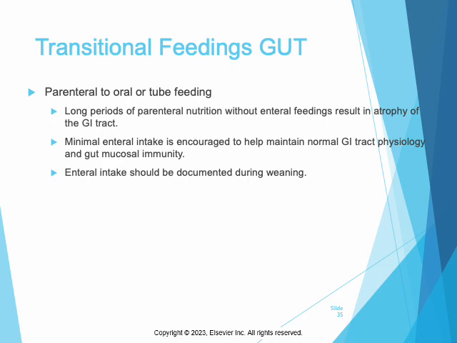As we start to taper the TPN and start to increase the oral or tube feeding, we need to document the actual ins and outs of fluids and enteral intake to facilitate nutrient sufficiency. We still need to get a good understanding of how much is being consumed. And if oral feedings or isotonic formulas aren't well tolerated, then we can also move into elemental formulas as needed.